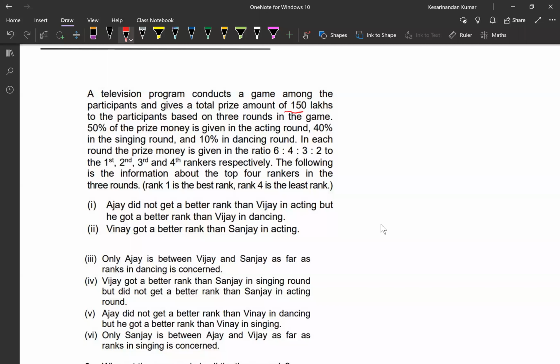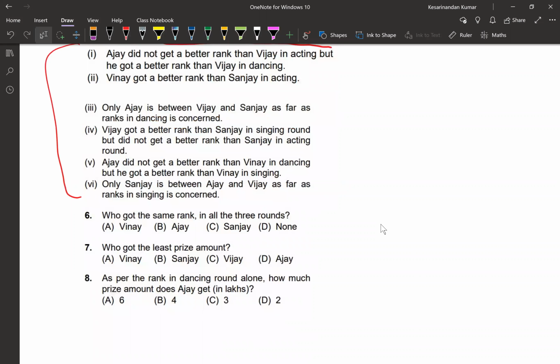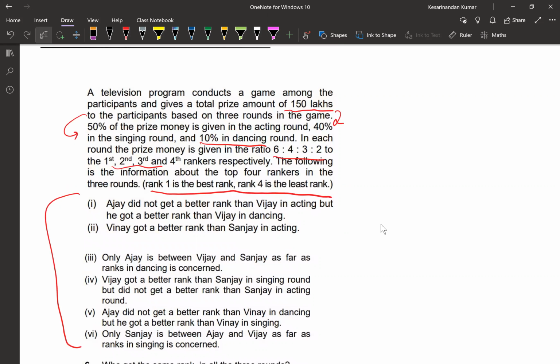This total is given and the people are ranked in percentages according to different events and ratios. Please be careful with that part. And the notation has been mentioned. Otherwise, this is pretty much straightforward. It's just lengthier. If you can get hold of this part, the question is quite easy. The questions are basically easy. The set is a bit difficult to comprehend. Overall, this is the same level as the first set.